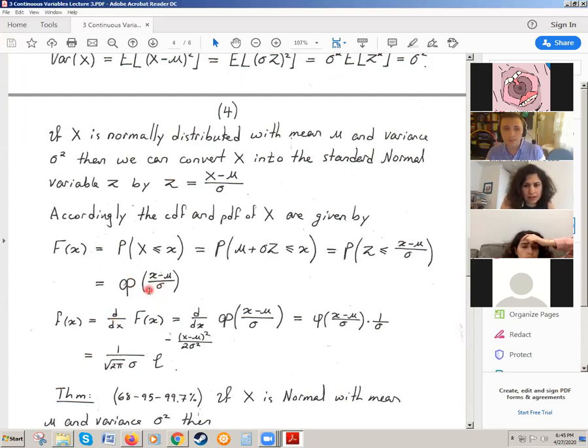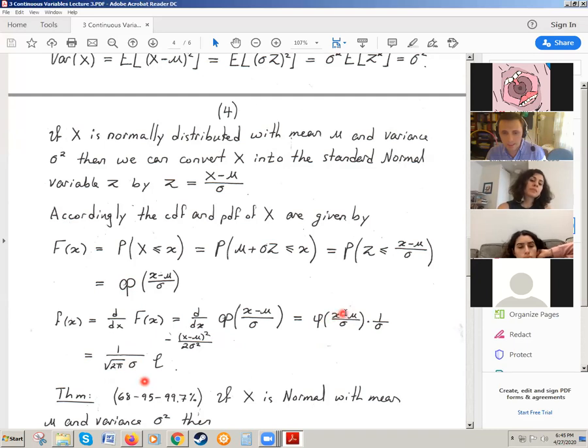Okay, so then the density function can be obtained by differentiating. So I take this cumulative distribution, differentiate, and when I differentiate this function, I get little phi of x minus mu over sigma times the derivative of what's inside, which is 1 over sigma.